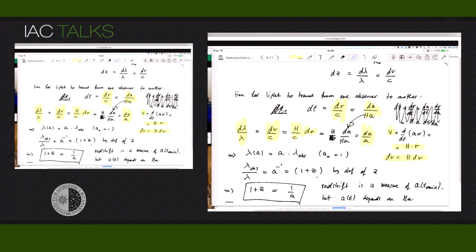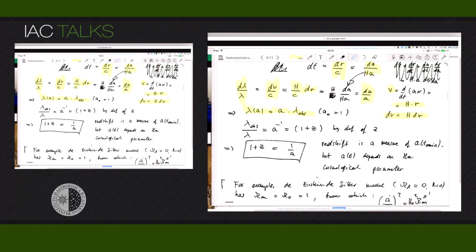So in other words, lambda as a function of a is equal to a times lambda at the time of observation, if we take a naught, that's to say a, to be 1. And so finally, if we just divide through by lambda, we get that lambda observed over lambda emission is equal to a to the minus 1, which is nothing but 1 plus z by the definition of z. And so we find that 1 plus z is equal to 1 over a.